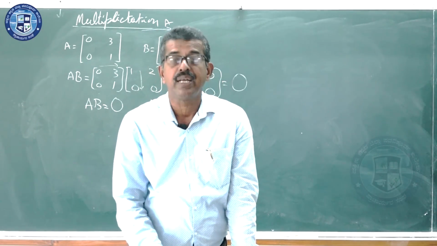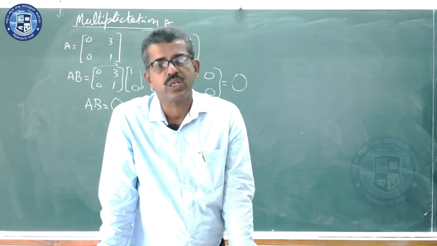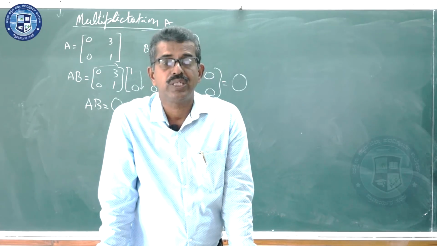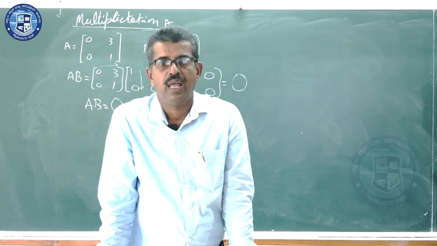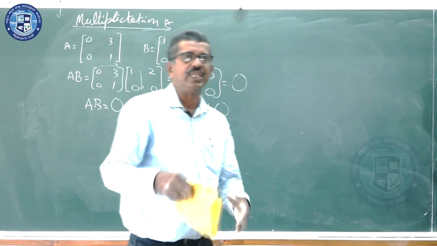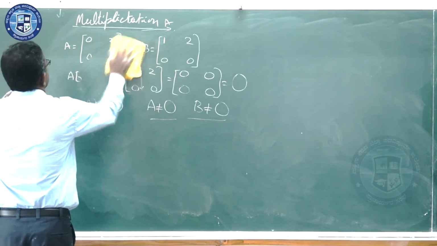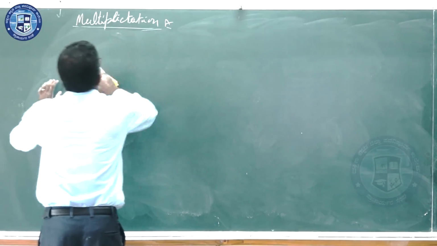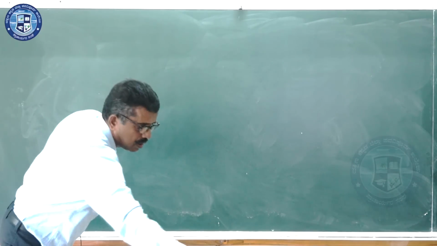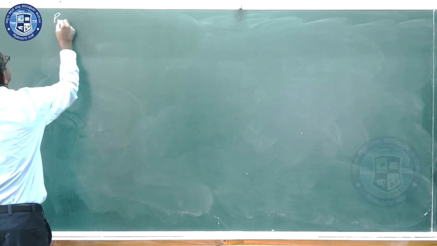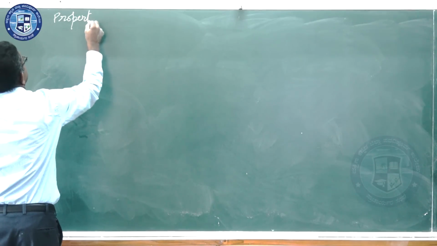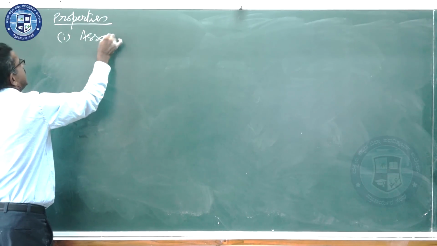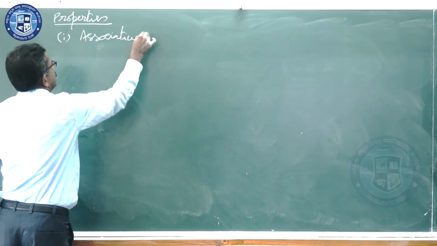As I have already mentioned, matrix multiplication is not commutative. But is it associative? Of course, yes. Matrix multiplication is associative.